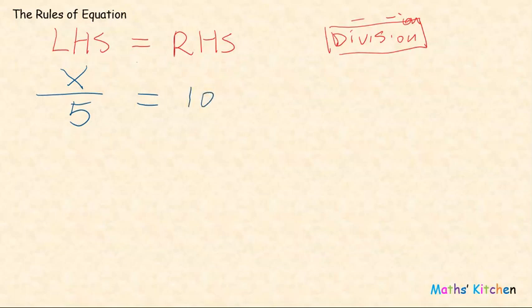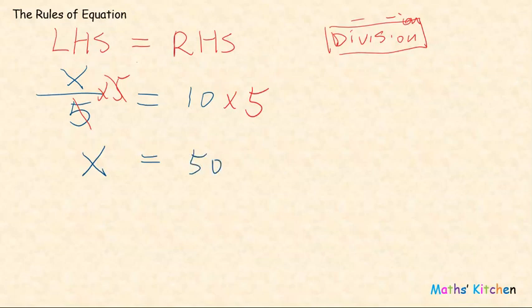Now the thing is, how can we cancel 5? Alright, divided by 5, we can simply times 5 to cancel this 5. So x divided by 5 and times 5 again, it's like cancelled. So the answer in left-hand side is x. And because left-hand side, you times 5, that's why right-hand side, you must do the same thing. 10 times 5 is 50.